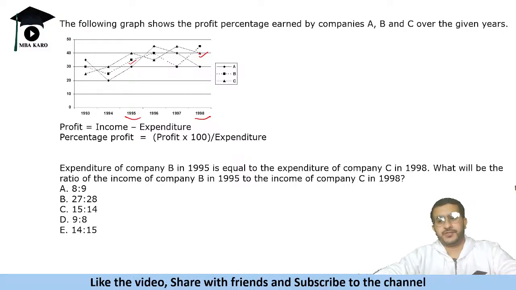So we need to find the ratio of incomes.